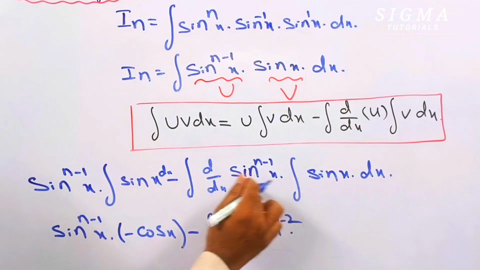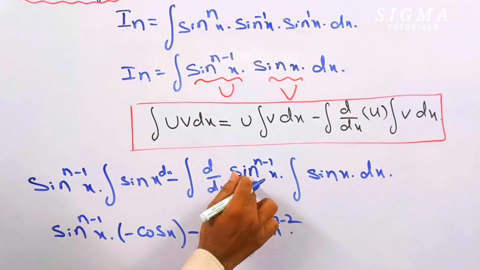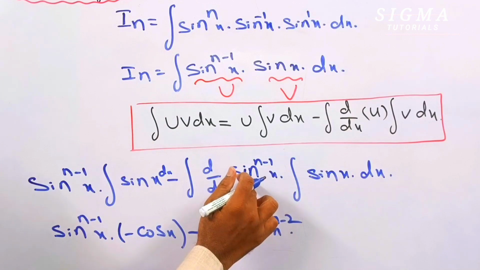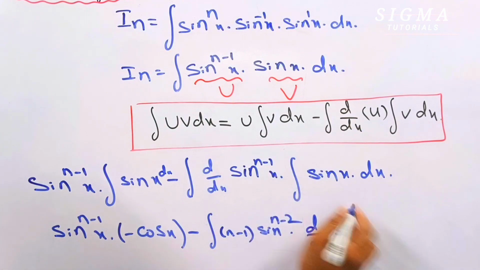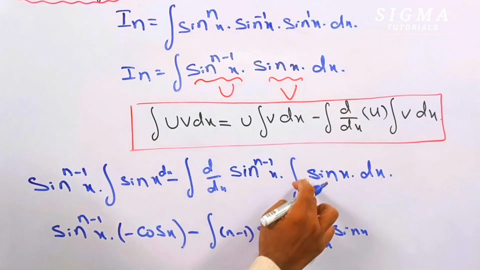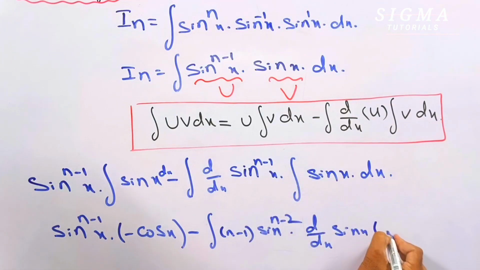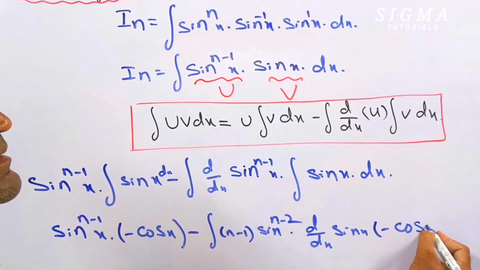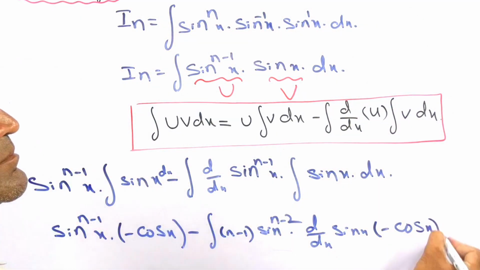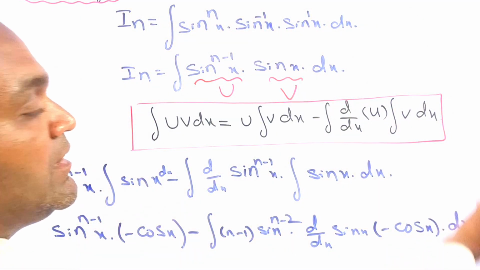But it was not x only, we considered it as sine x. So again we have to differentiate this part, d by dx of sine x, using the chain rule. Now integration of again sine x is minus cos x dx.